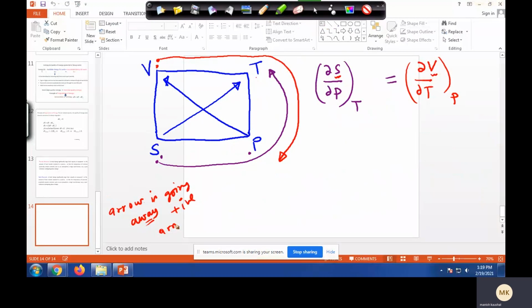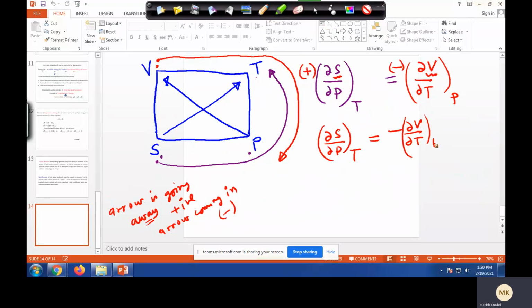If the arrow is coming in, minus sign. And this I am saying for the numerator. So here we have S, the arrow is going from S, so plus, and then here we have V, the arrow is coming to V, a minus. So we get a Maxwell relation, and you can check this is one of the Maxwell relations which we got. Dou S by dou P at constant T is equal to minus dou V by dou T at constant P.